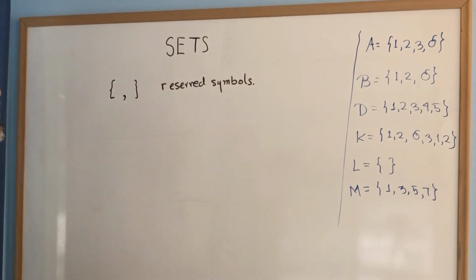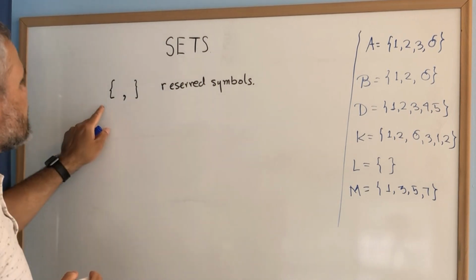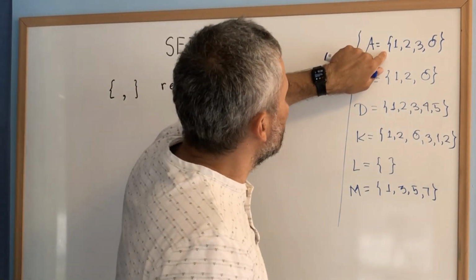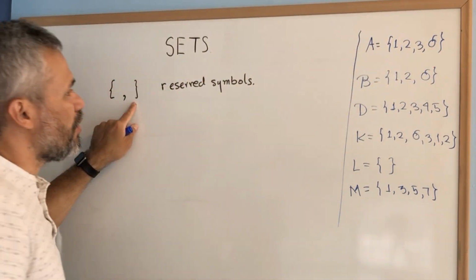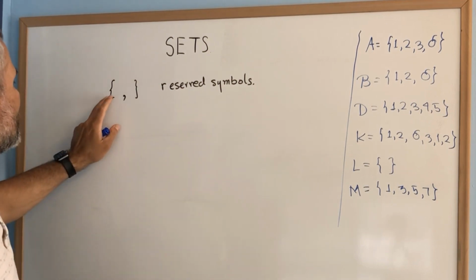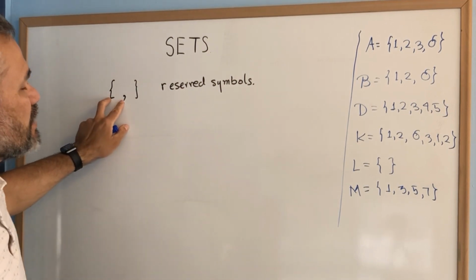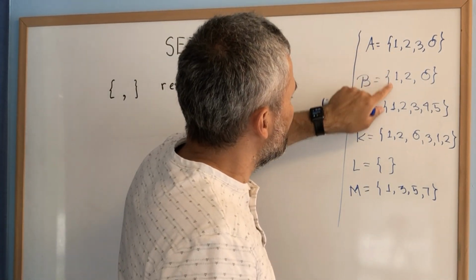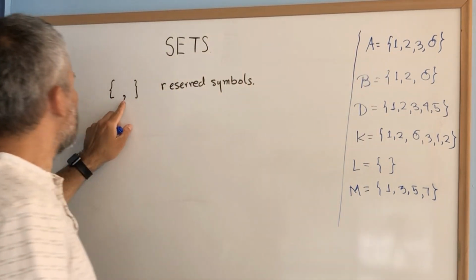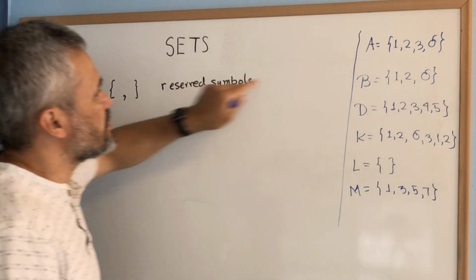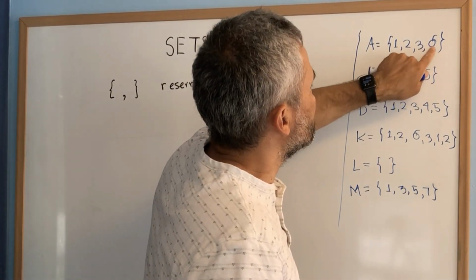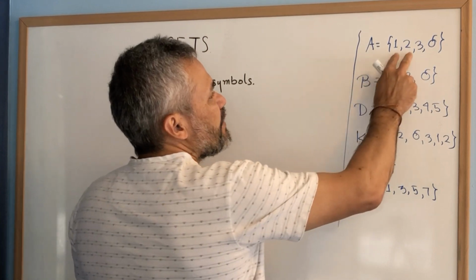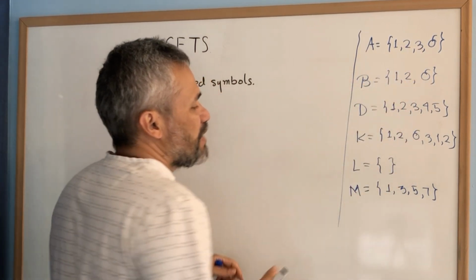The reason is that every set starts with this symbol and ends with this symbol. Everything that is between the brace and a comma is considered to be an element, like here, the 1 is considered to be an element. Or everything between the commas is supposed to be an element.